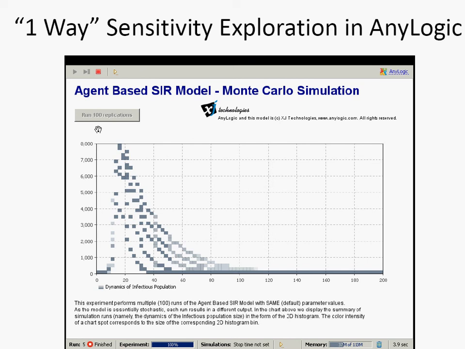I also noted that from the standpoint of performance, running a parameter variation experiment can be a very effective way to improve model performance, to reduce model computational burden. Because normally AnyLogic models involve quite a bit of work about what's shown on the screen.